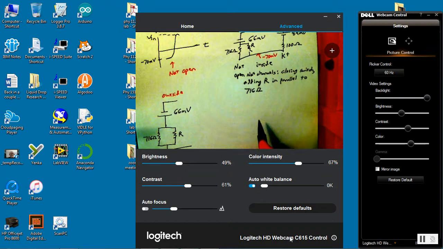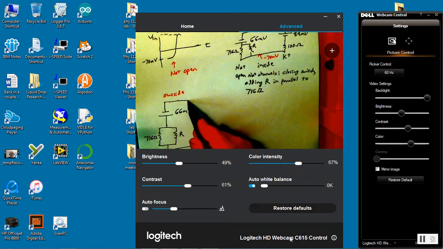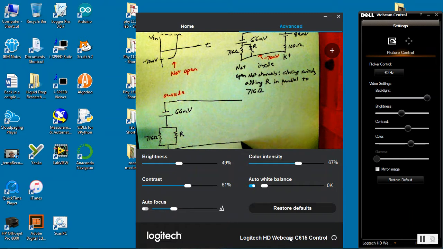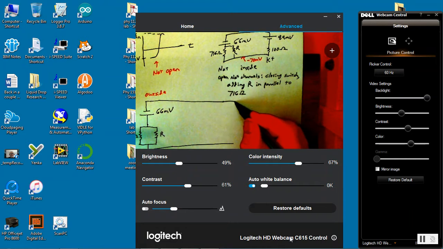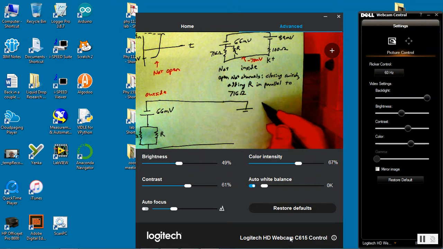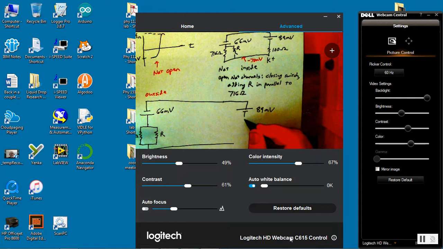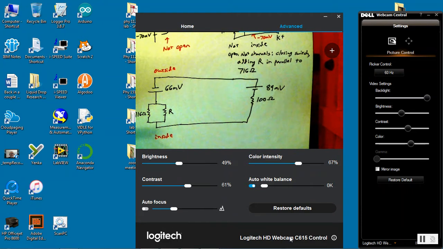And then this goes off to the potassium side of things, which at the moment is unchanged. So we still have the 89 millivolts, the negative part goes inside the cell, and we still just have the 100 ohm resistor.